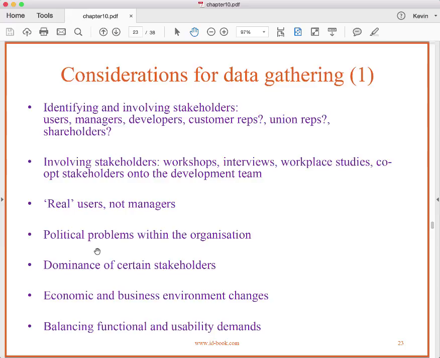You have to understand the politics and the power within the organization. You have to understand the dominance of certain stakeholders.